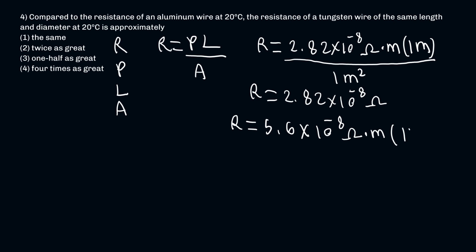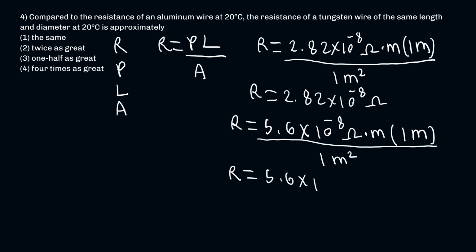So my length can be 1 meter, and my area can be 1 meter squared. Again, easy calculation here. You end up with the resistance as then 5.6 times 10 to the negative 8th, and we'll have ohms because the meters squared would then cancel out on the top and the bottom.